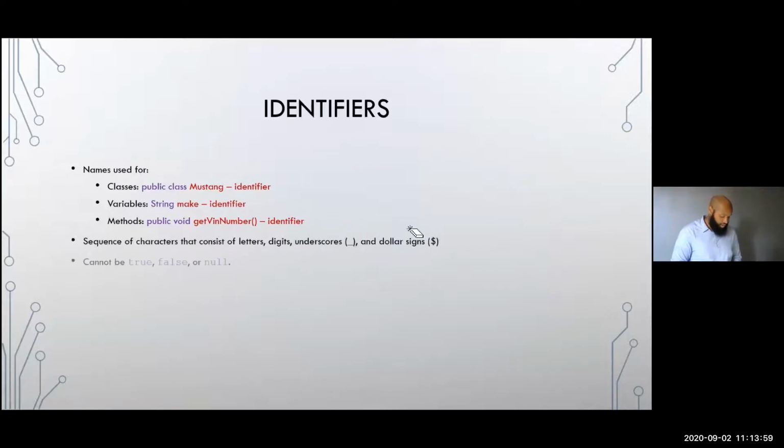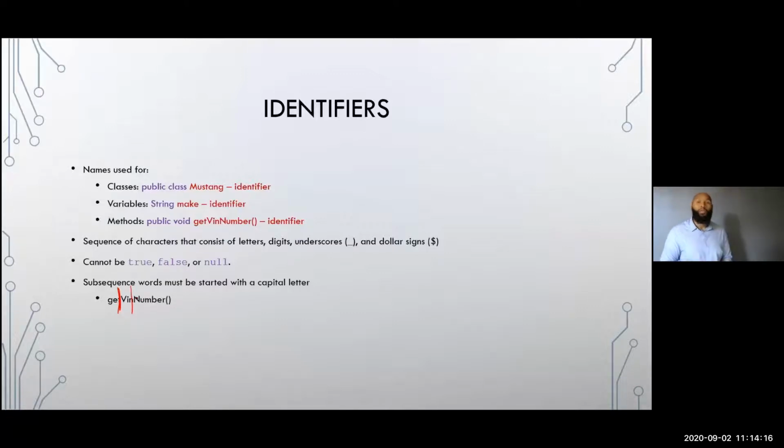A sequence of characters cannot be true, false, or null. You can't use those. Those are keywords. Subsequent words must start with a capital letter. And by that, I mean, the first word get is lowercase, but then VIN and Number are both uppercase. Those are subsequent words. Right?